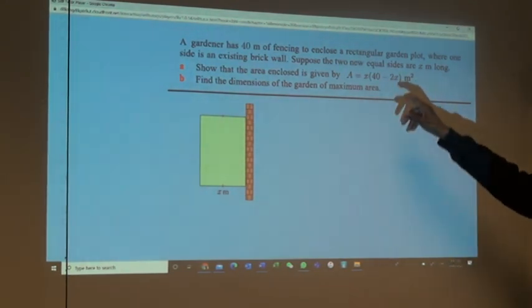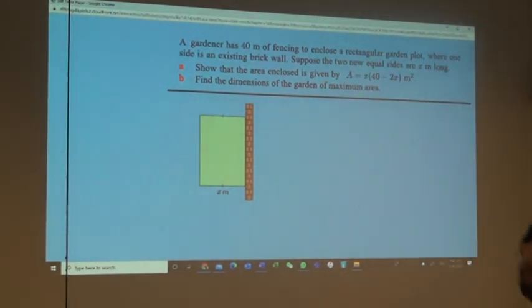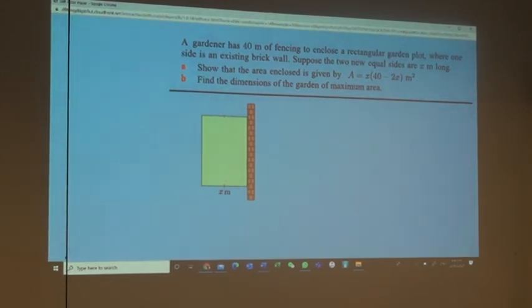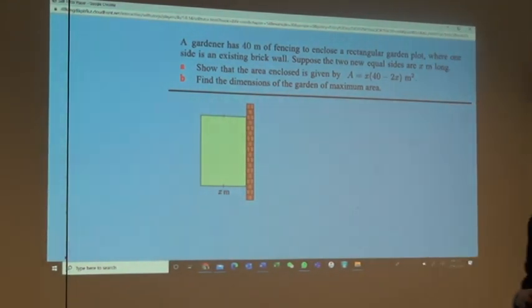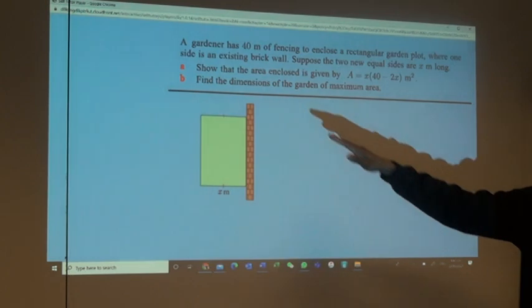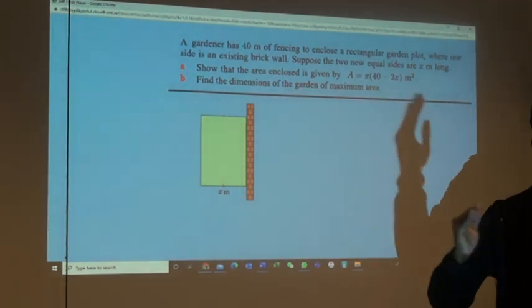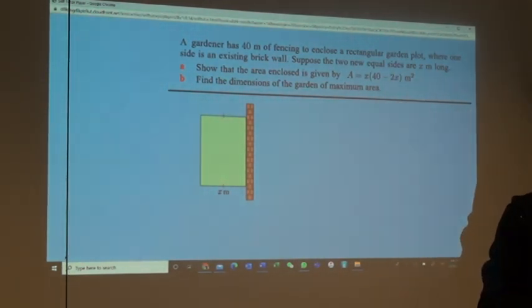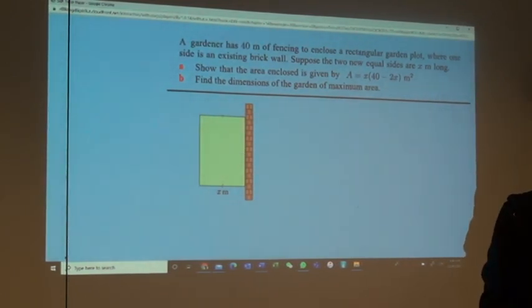Now, suppose the 2 equal sides are x cm long. Show that the area of the enclosure is this, and find the dimensions of the maximum area. What does dimension mean? The length and the width. Understand? So when we say dimension, it means they're asking you for the length and the width.